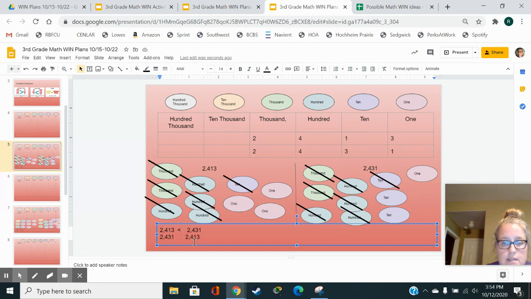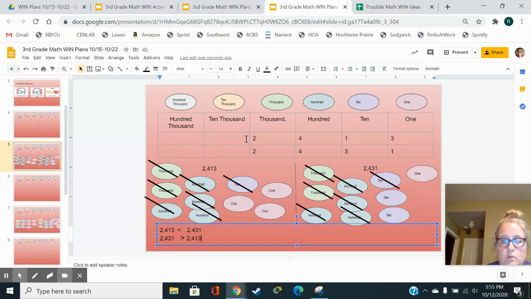So I'm going to type in my greater than sign. And for some reason, it wanted to get a little smaller, so I'm going to make it a little bit bigger. Let's see what's going on. There we go.